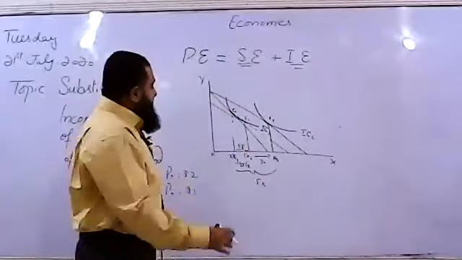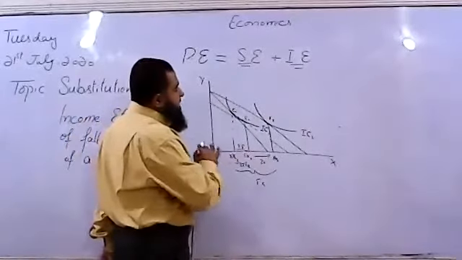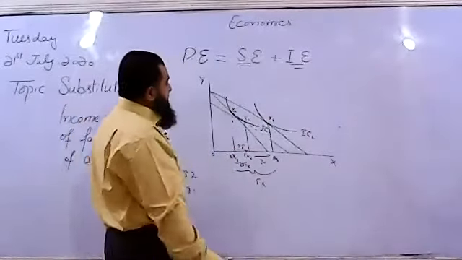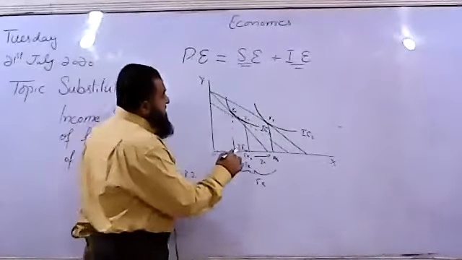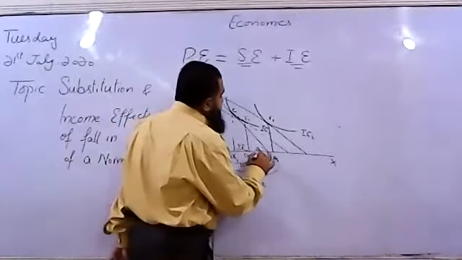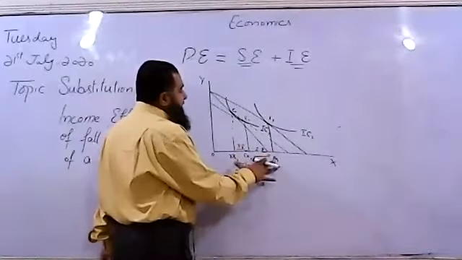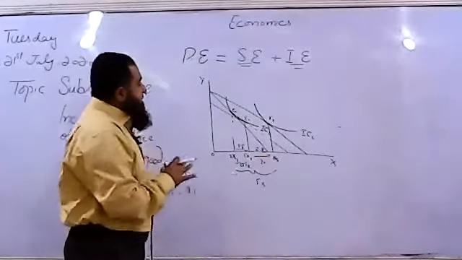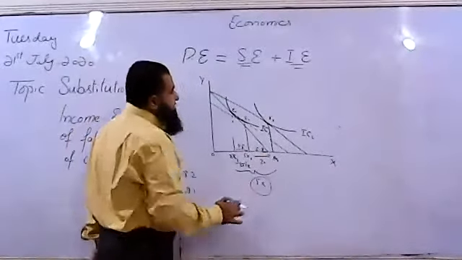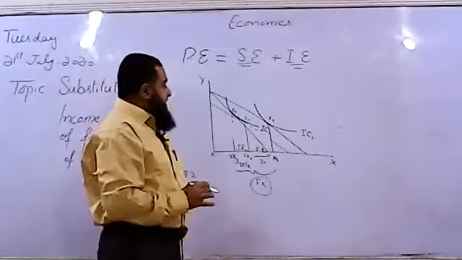So income effect is also reinforcing the consumer to buy more of X. This is the income effect. Okay. So both these are added up to get the full effect of the fall in price. That is total 5 units consumption of X commodity has increased.